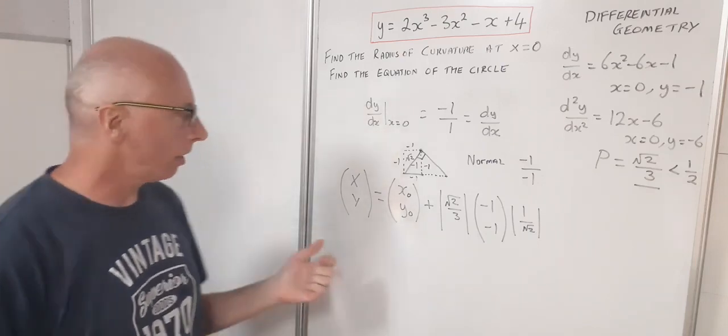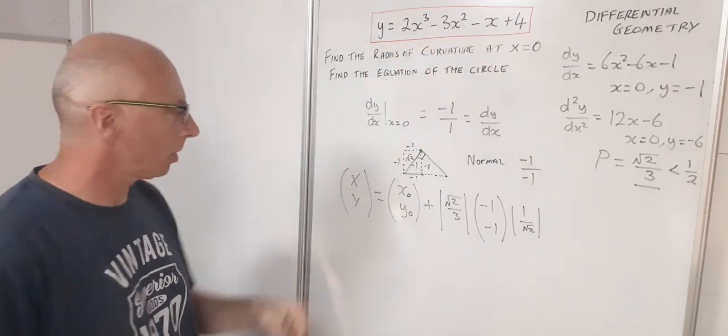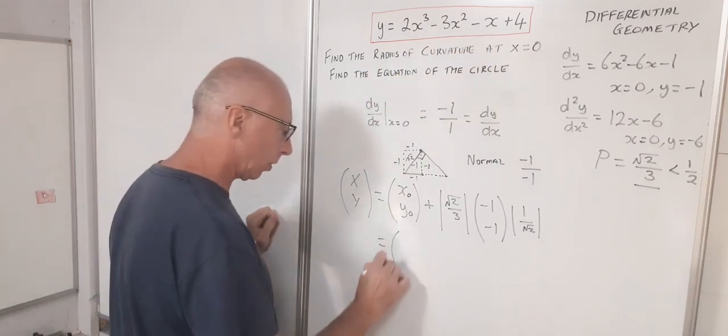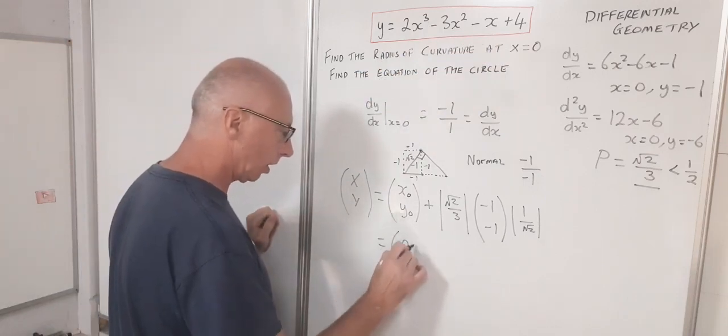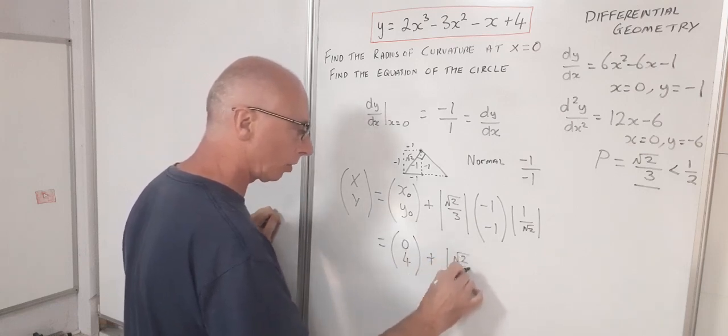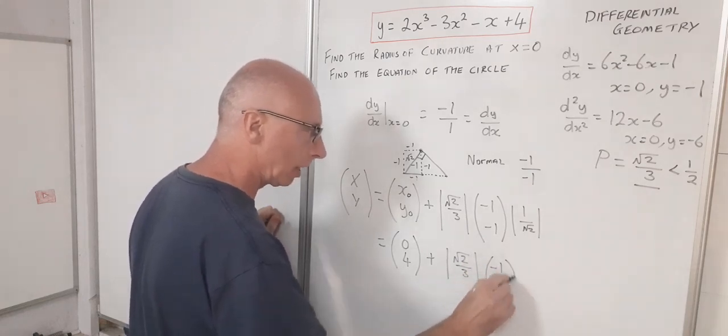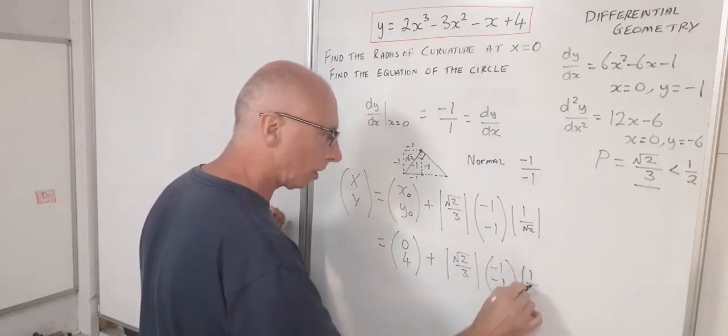So at x equals 0, if we plug that into here, we get y equals +4. So our starting point is 0 and 4. Then we have the scalar multiple, √2 over 3, multiplied by -1 and -1, and then 1 over √2.